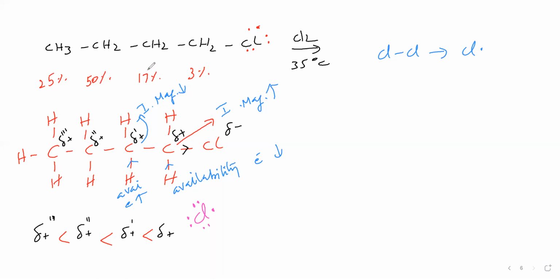So here the halogenation percentage is different because this halogen shows minus I effect. So because of inductive effect, the percentage yield of the next halogenation is different. So here we said inductive effect is playing a role.